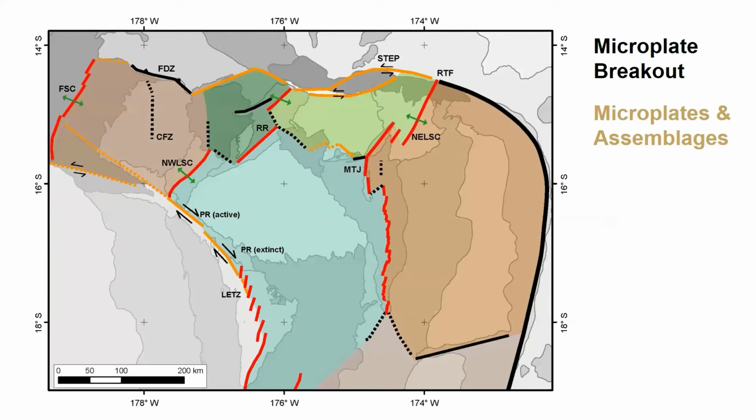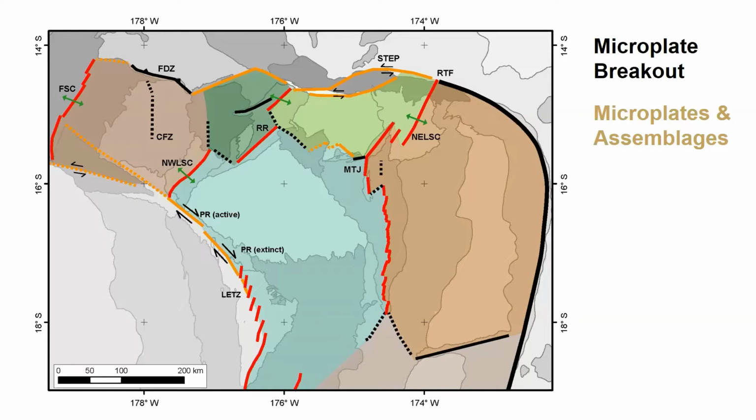You get a better sense of the relationship between the microplates and the assemblages on this map, which overlays the microplates, the colored plates, on top of the gray assemblages in the background. And you can see that the plate boundaries and the assemblage boundaries are not the same. The plate boundaries actually bisect the assemblages, and the individual microplates are actually made up of many slivers of different assemblages.